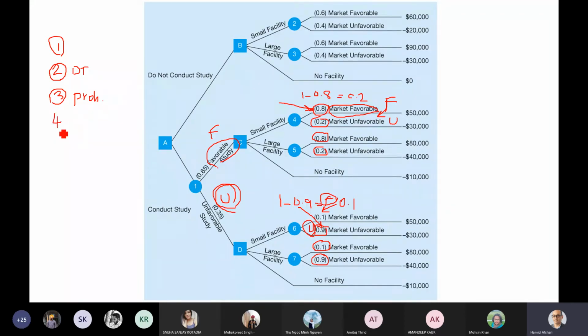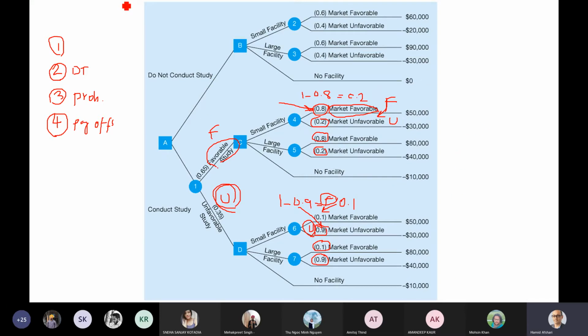Step number 4. What should we do in step number 4? Payoff calculation. Exactly, we should estimate payoffs. For payoffs, we need to review individual branches. At the end of all of these branches, how much are our payoffs? So let's start with the first one.